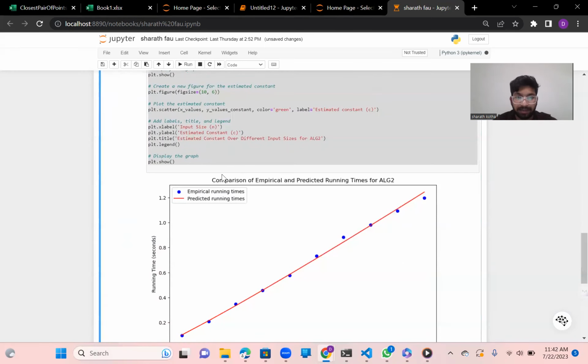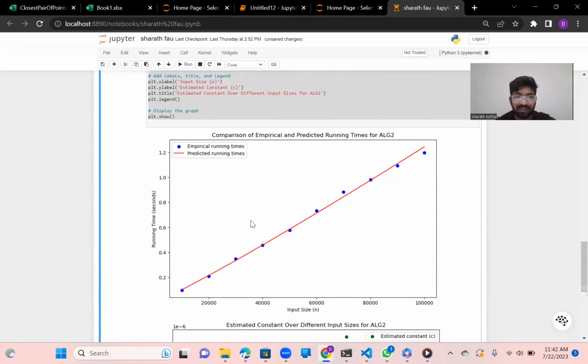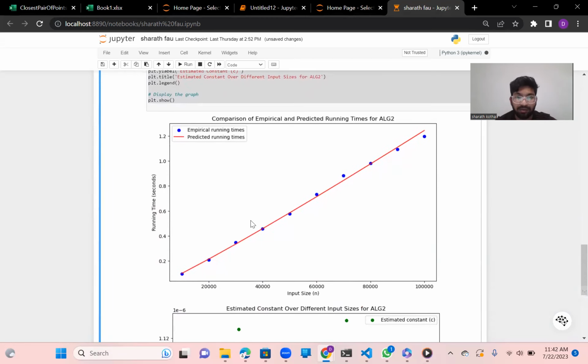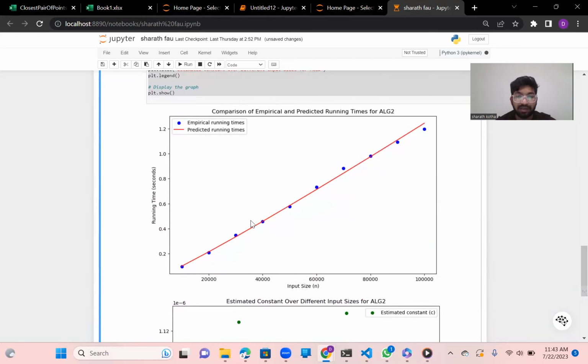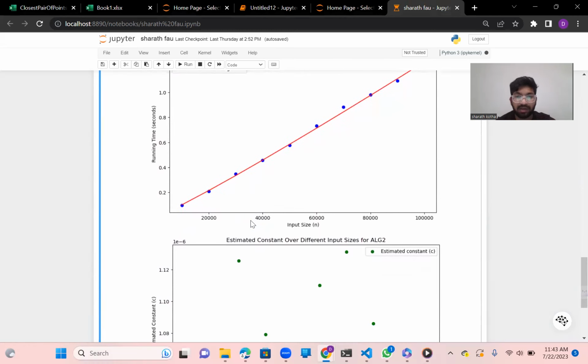Here you can see the empirical running times for both algorithms. As the input size increases, the running time of the brute force algorithm increases significantly, while the running time of the divide and conquer algorithm increases at a much slower rate.